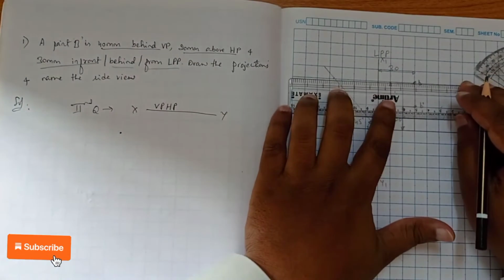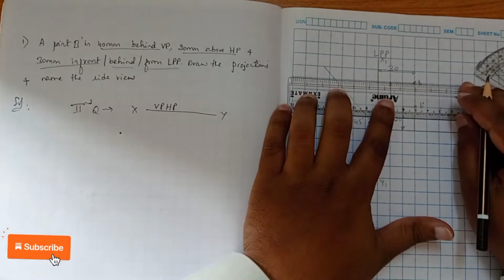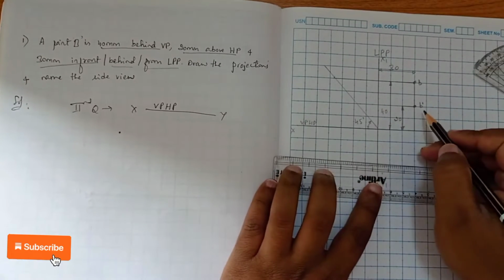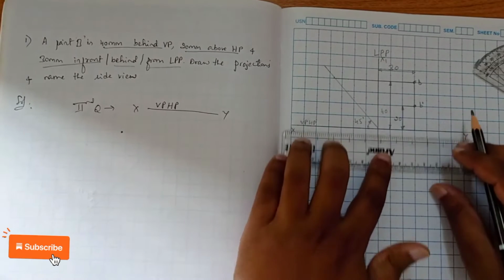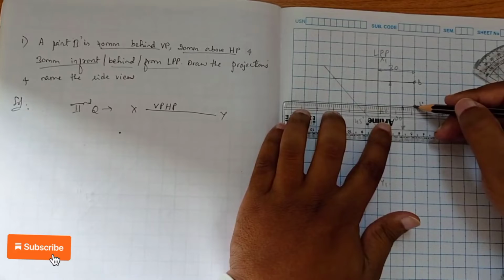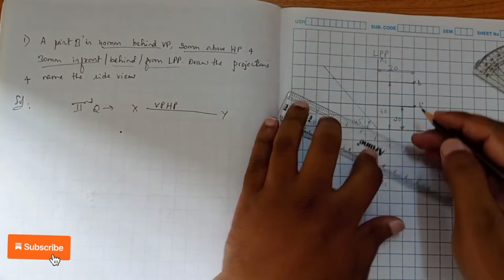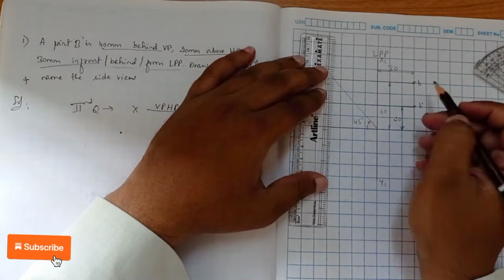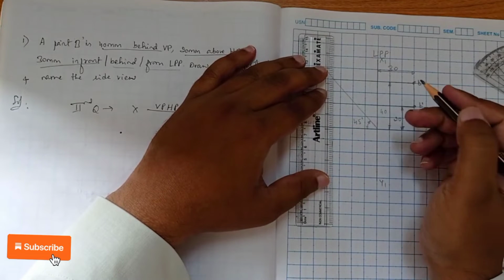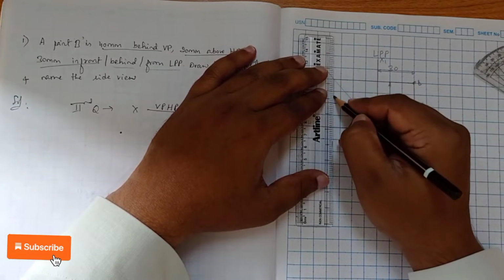Now from this point we have to draw a straight line, and we know that with respect to the front view we have the side view, so that's why I'm drawing a straight horizontal line adjacent to it. From the top view intersection to the 45 degree line, we have to draw downward.